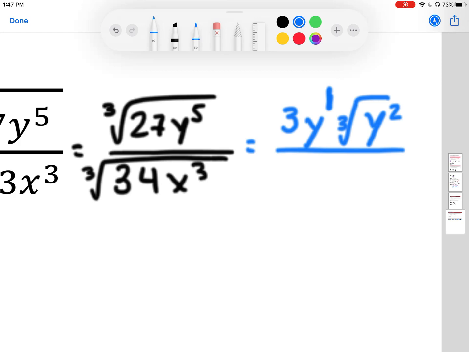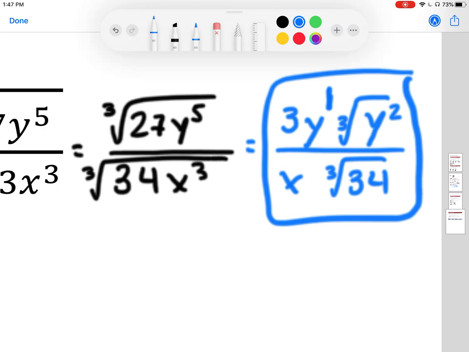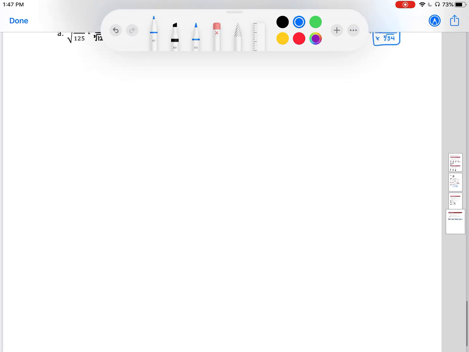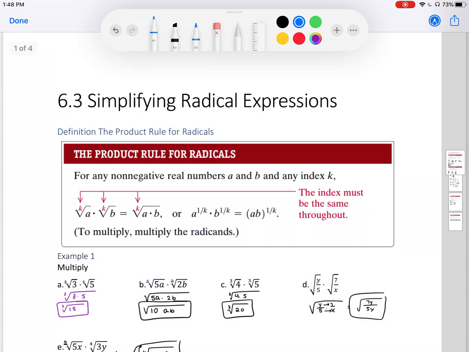So all I can do is leave the cube root of 34, and the x is in front, because 3 divided by 3 is 1. That's it for that one. And that's it for our section. This was 6.3, Simplifying Radical Expressions. Thank you.